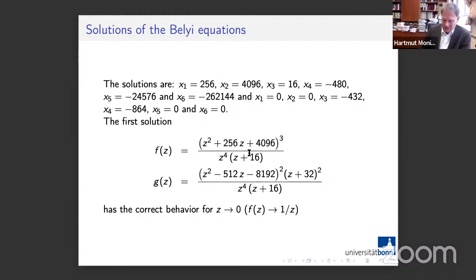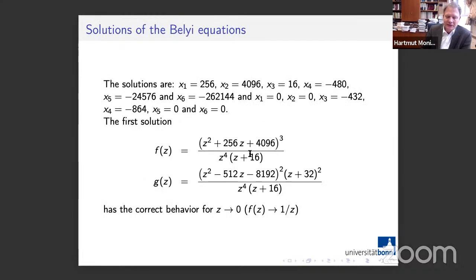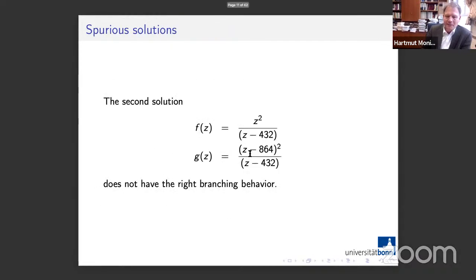This function again gives you the Hauptmodul of the full modular group. And the second solution, in fact, does not, and that's enough to exclude the second solution. So the first solution is basically the desired Belyi map.